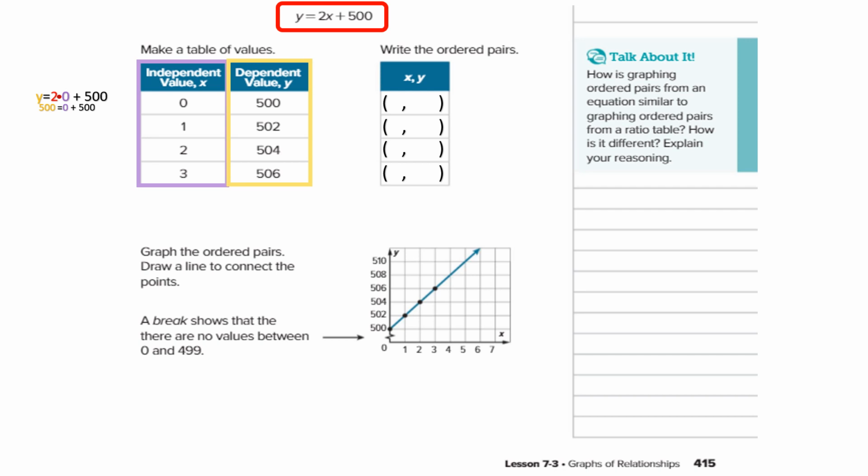So my ordered pair would be 0 and 500. I carry it over, making sure that my independent variable is on my x-axis because that's what I'm doing the math with, and my dependent variable is my outcome, my output, my answer, and that's going to be on my y-axis.